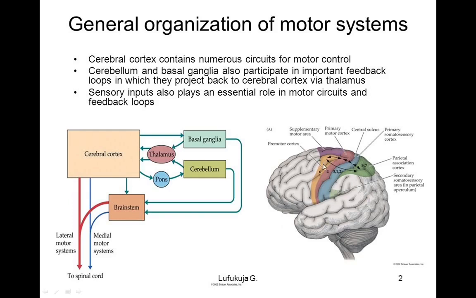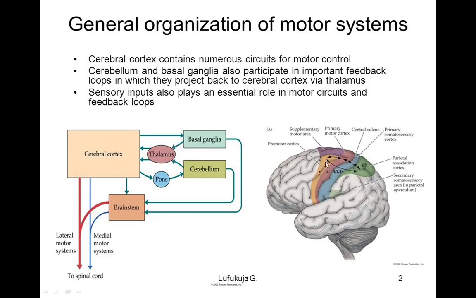This premotor cortex helps in the assumption of a posture, and it is interconnected with all these different parts of the motor cortex: the supplementary motor area, the primary motor cortex, the primary somatosensory cortex, and the parietal association cortex.